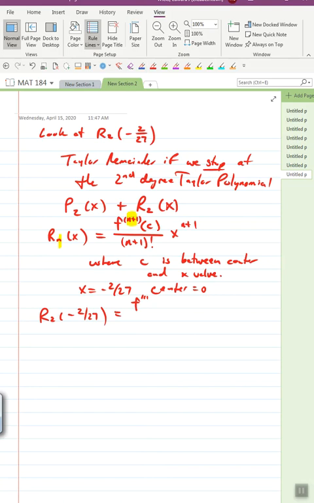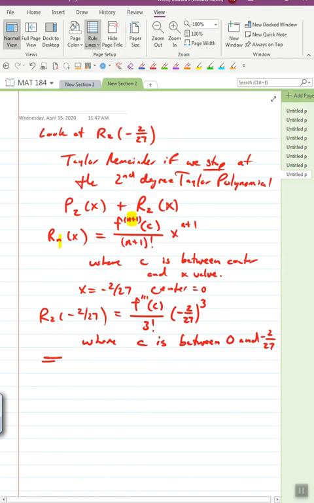So it'd be the third derivative at some number c over 3 factorial times x, which is negative 2/27, cubed, where c is between the center, which is 0, and the x value, which is negative 2/27. In other words, c is in between negative 2/27 and 0. So far, so good?